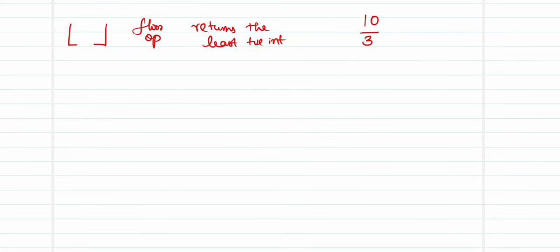You will get 3.33333 and so on. But when we take the floor symbol for this 10 divided by 3, it will be the floor of this non-ending value. So what it gives is going to be the whole integer part.